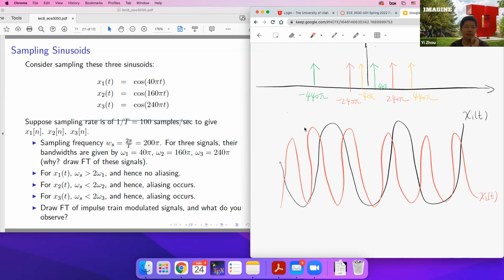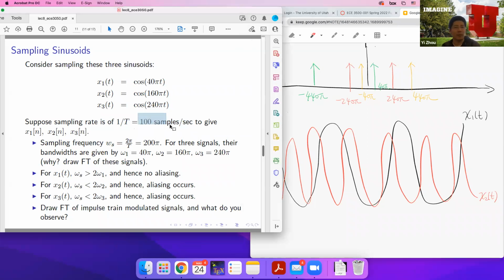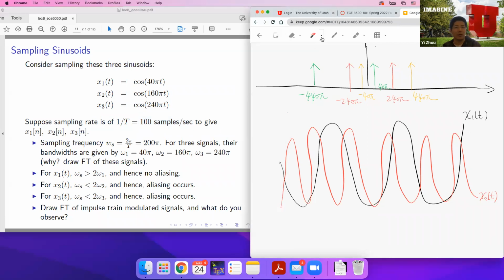I will not draw x3(t) here, which will make the figure messy. So what happens is that very interestingly, if you sample these three signals at 100 samples per second, those samples will always be sampled at their intersection points. Like here. This figure may not be that rigorous, but all those sample points will happen to be their intersection points.